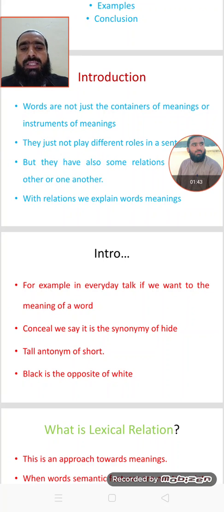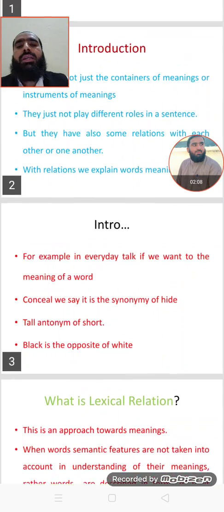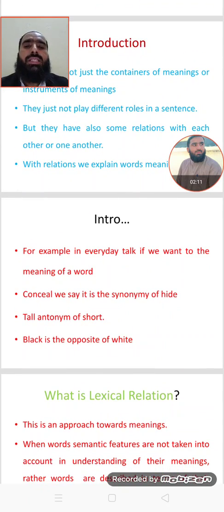We have discussed that words have different features, like semantic features and lexical features. Today we are trying to know what the lexical relations or semantic relations in words are. Words play different roles in a sentence.